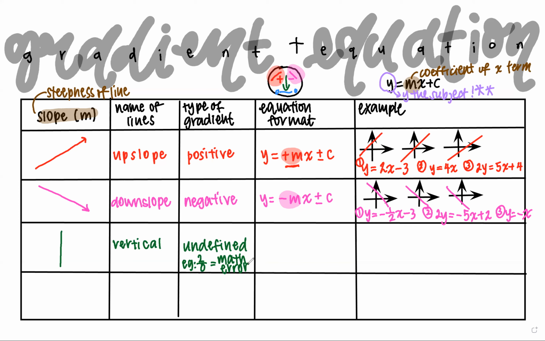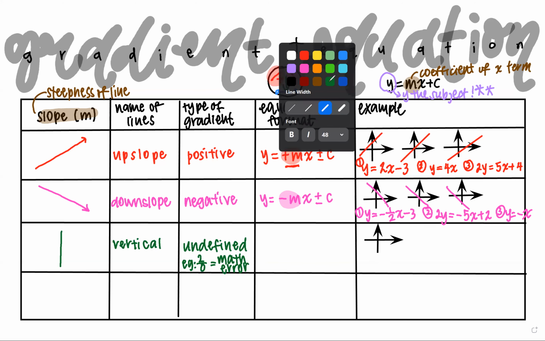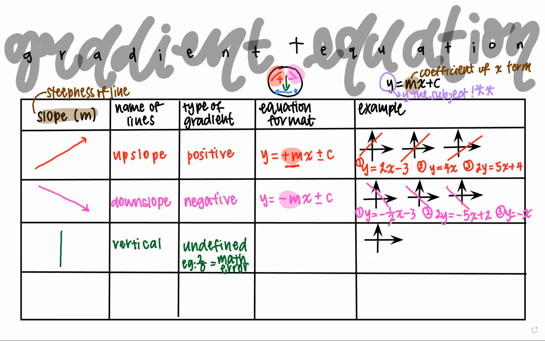And how to memorize this, and how the equation will be? So vertical line, right, guys? Can you see here, where does my vertical line cut, the x or the y-axis?